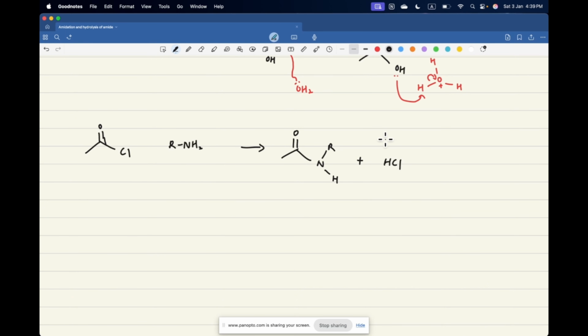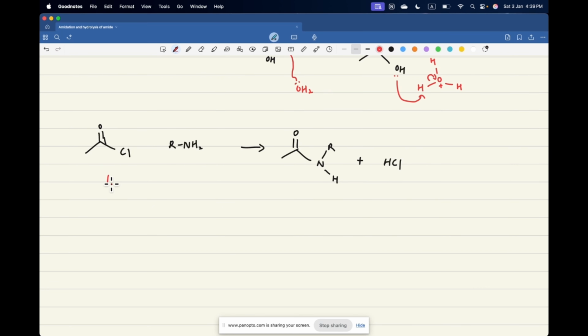So HCl. What happens here is that, as you can see, this is an acid, right? So when it is an acid, it can react with our base.